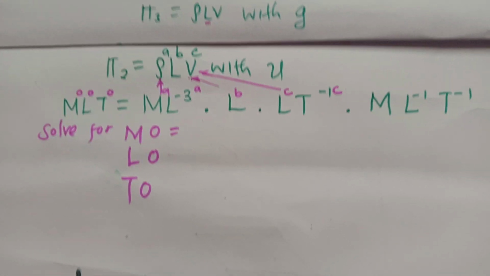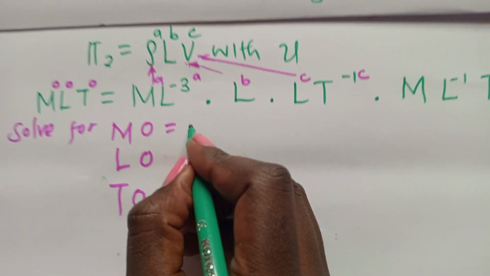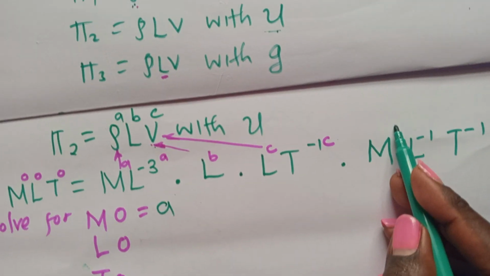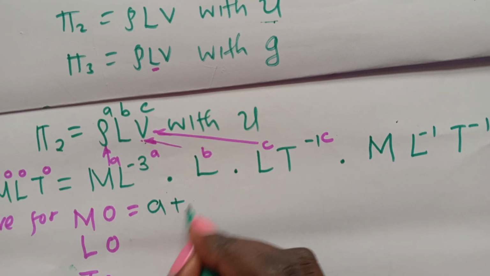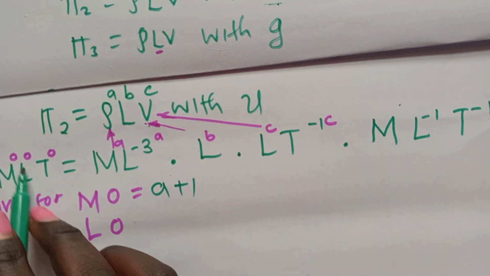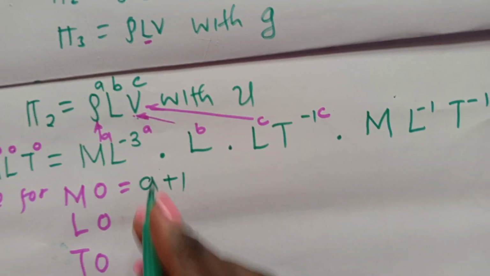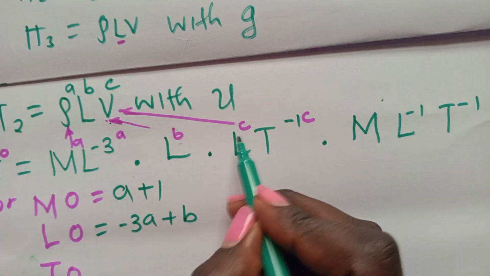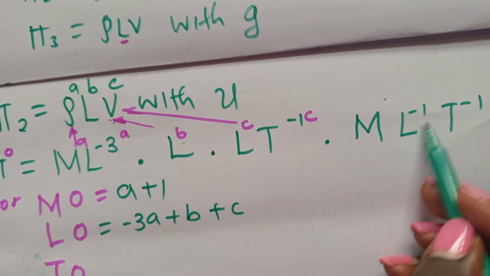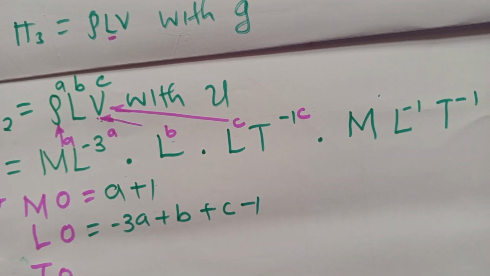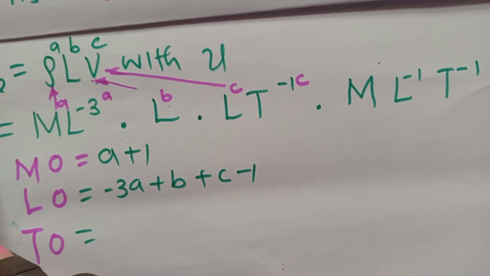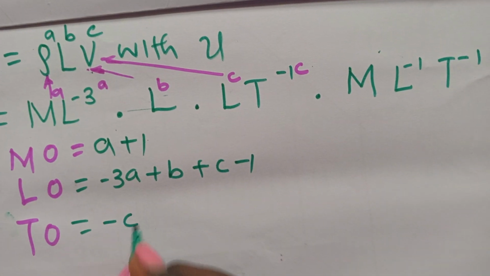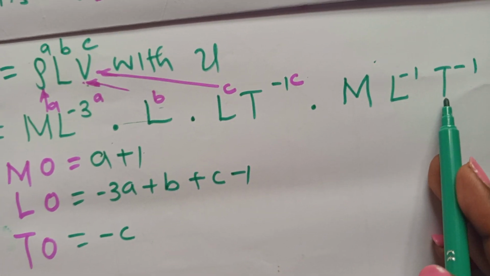We have M raised to A, remember we're speaking from the powers alone, so A, and another M is here, which is raised to positive 1. So 0 is equal to A plus 1. For L we have 0 is equal to negative 3A plus B plus C minus 1. Lastly is T: we don't have a T up to this point, so this is negative C, and another one here is negative 1.